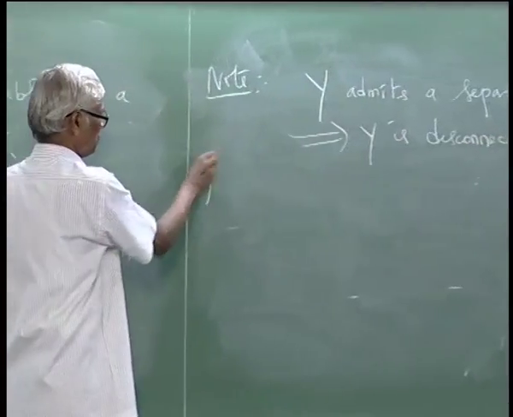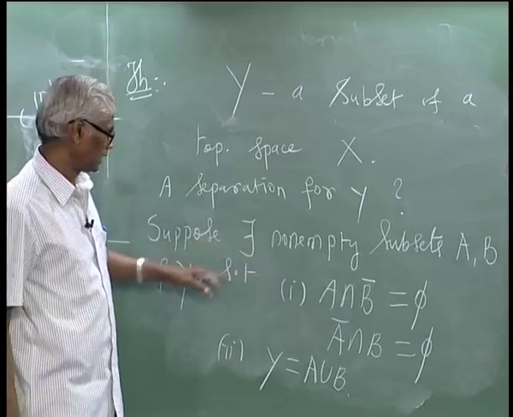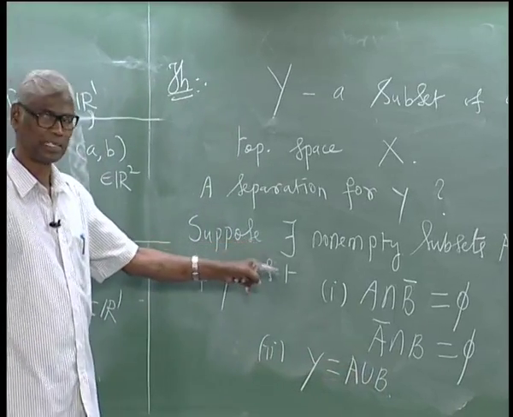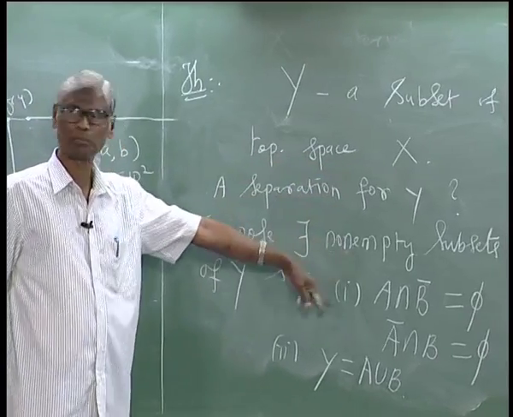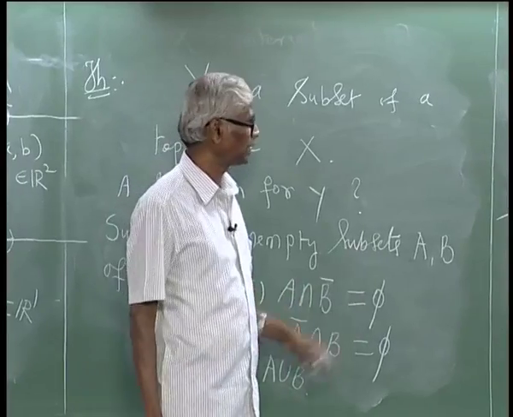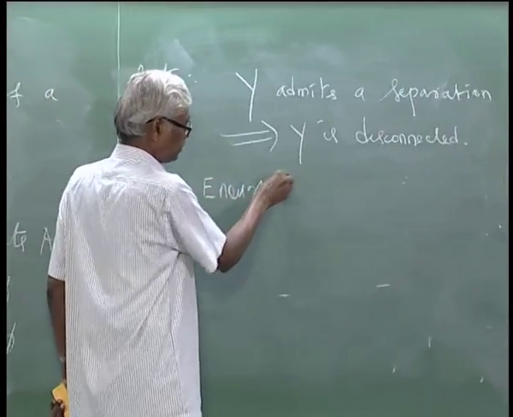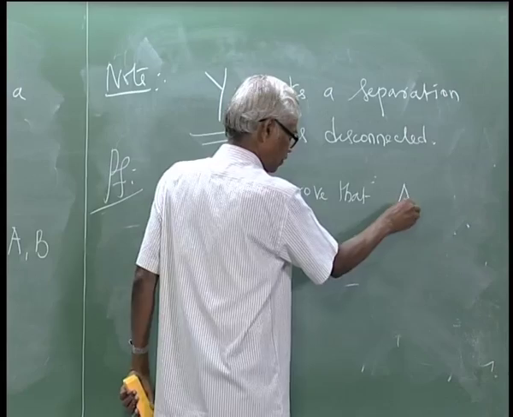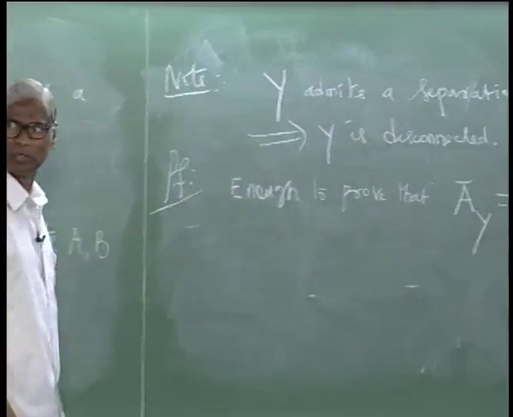The sets A and B are already non-empty, and Y equal to A union B, so it is enough to prove that A is closed in Y. Similarly for capital B, the same proof, because these are symmetric. It is enough to prove either A is closed or B is closed, the remaining second part will be similar. So enough to prove that A is closed, meaning the closure with respect to Y equals A, that is what you have to prove.